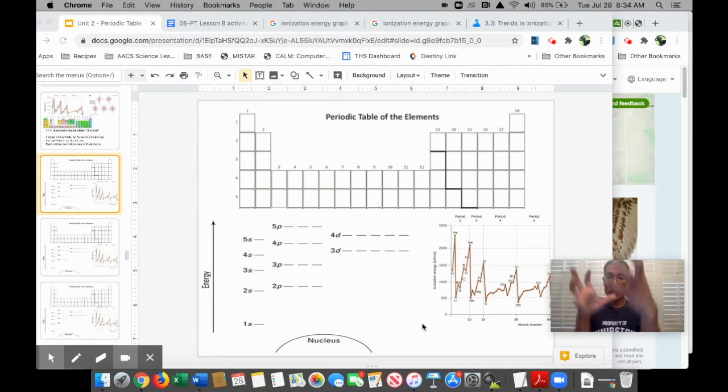And then you live in a town, I live in the town of Ann Arbor, and then I live at this address, and so on. So you have this bigger address, but every time you get more specific, that's kind of like what electrons have.